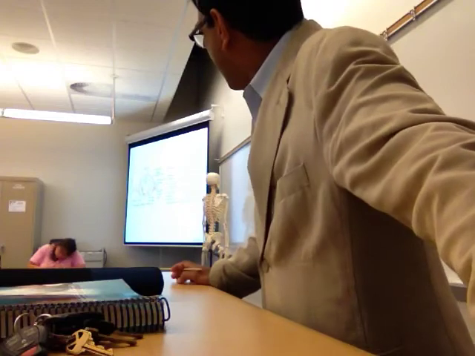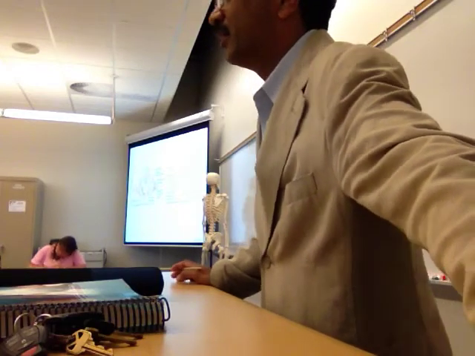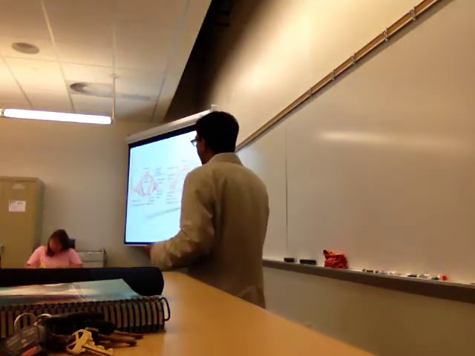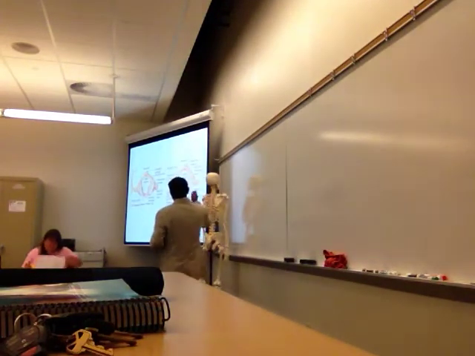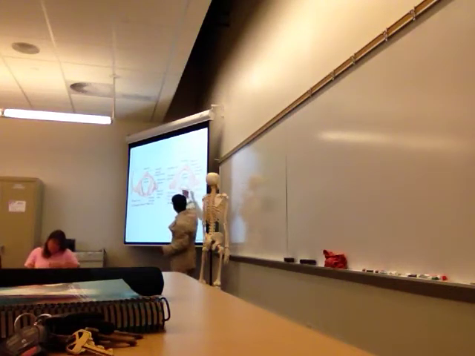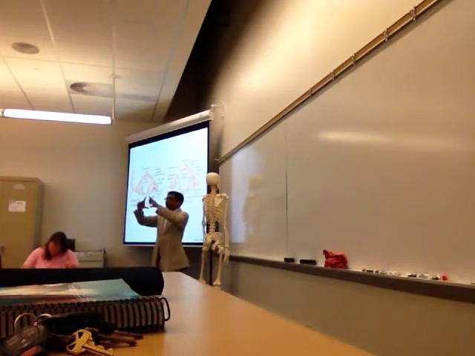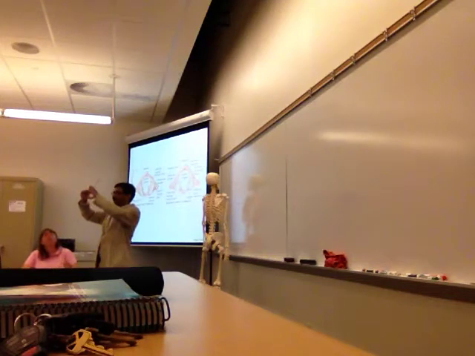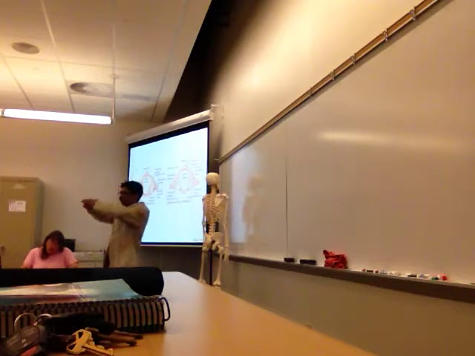This is an atlas, C1, cervical 1, and you see no body, so therefore this opening is very deep, very large, because no body is here. Okay? And in the atlas you have two arches, anterior and posterior.